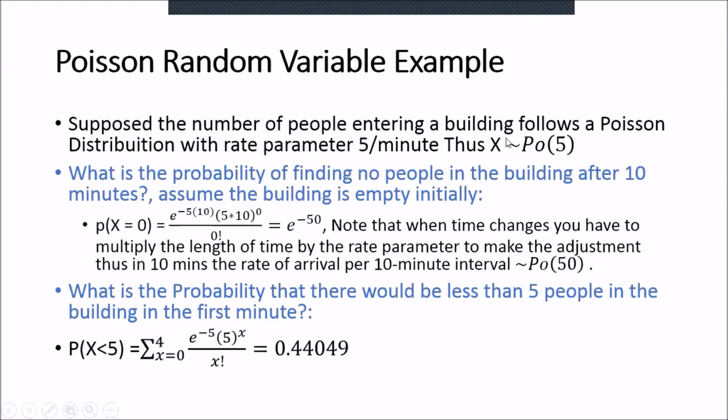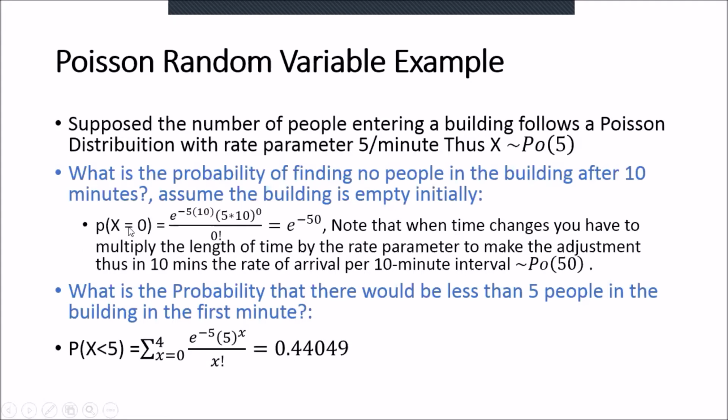So we say that x, which is the number of people that are arriving in the building, is distributed as Poisson with a rate parameter of 5 per minute. What is the probability of finding no people in the building after 10 minutes? And let's assume that the building is empty initially, just to make life easier for us.